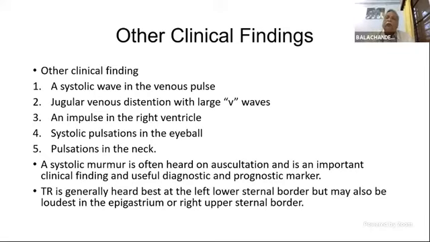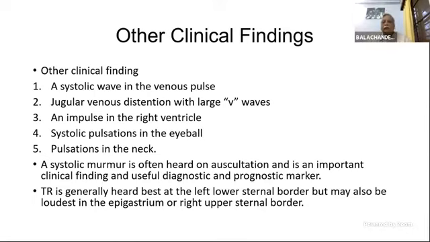But in low pressure primary TR, when it is very severe, you can still hear this with a thrill, sometimes in the second or third left intercostal space. But remember that the maximum intensity is at the left lower sternal border.